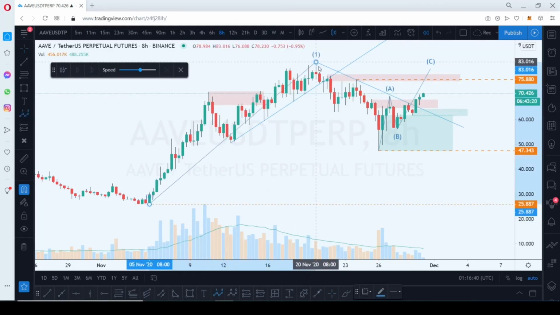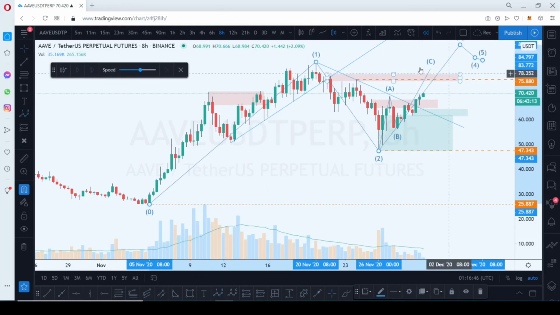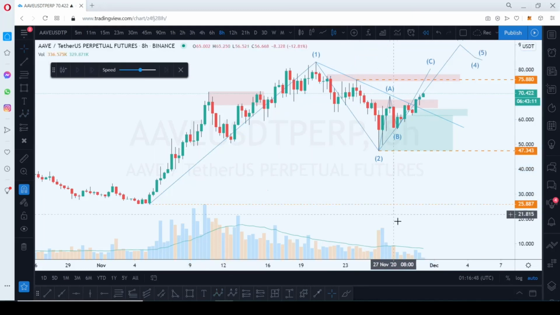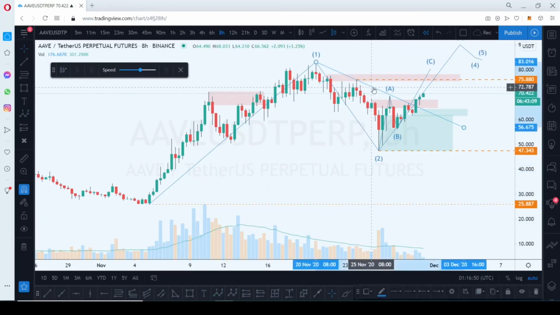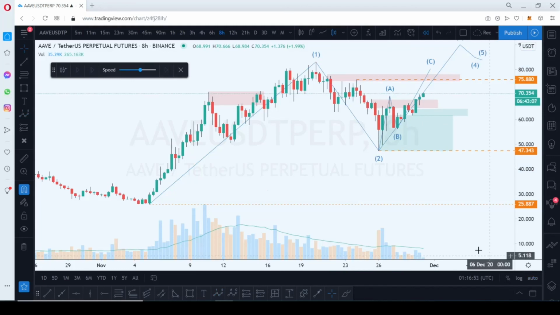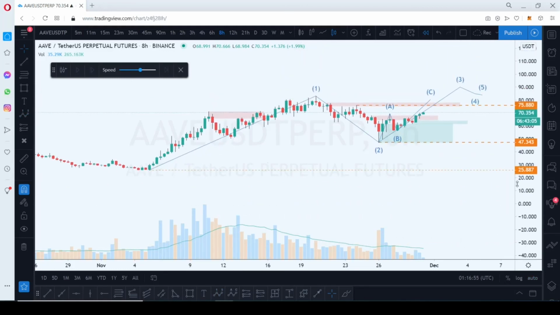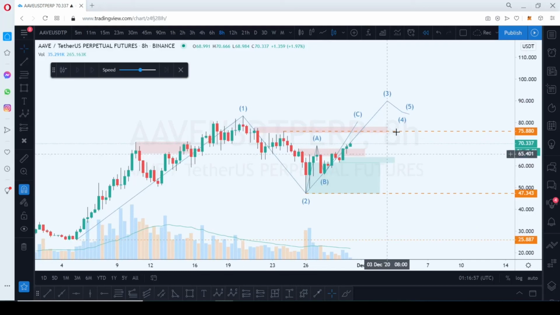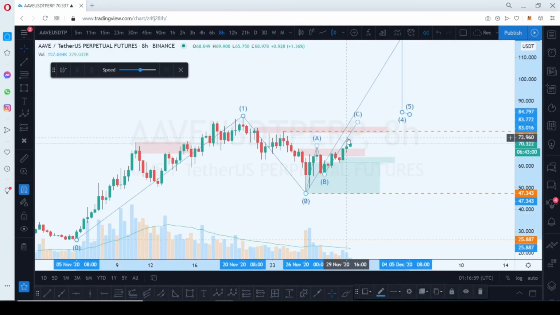This will then be 1, 2, right? And we expect 3 to be somewhere above. So let me quickly remove this not to clutter the chart. So we expected 3 to be above.